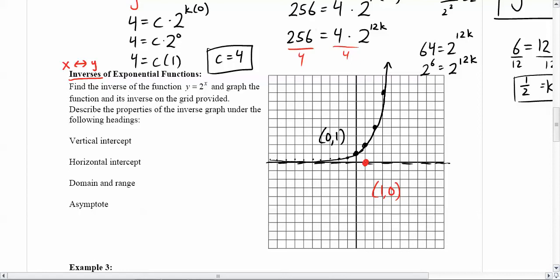Okay, let's continue with doing this point by point. On the black graph, we have 1, 2. So on the red graph, we're going to have the point 2, 1. On the black graph, we have the point 2, 4. So on the red graph, we're going to have the point 4, 2. 3, 8 is going to become 8, 3.